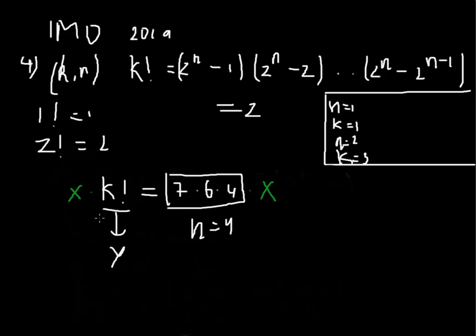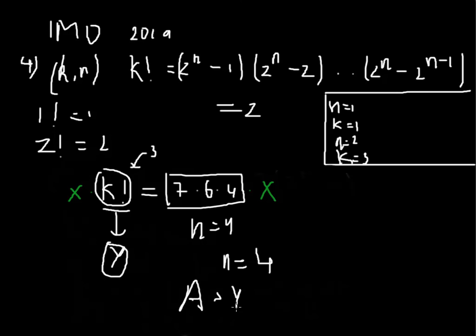So if this is y at n equals 3, then when n is equal to 4, the value a is greater than y.